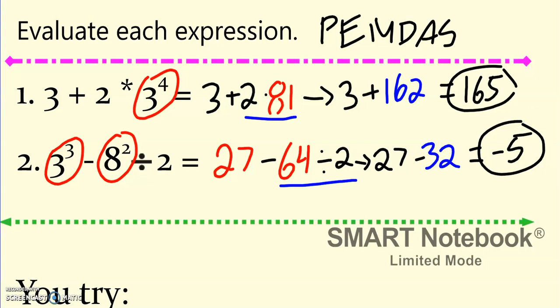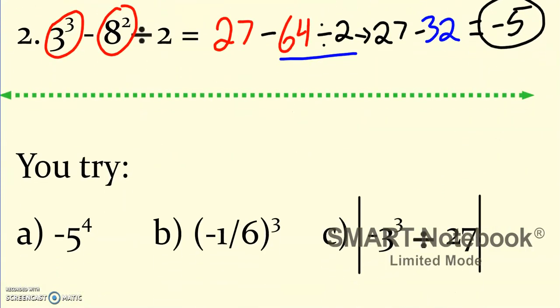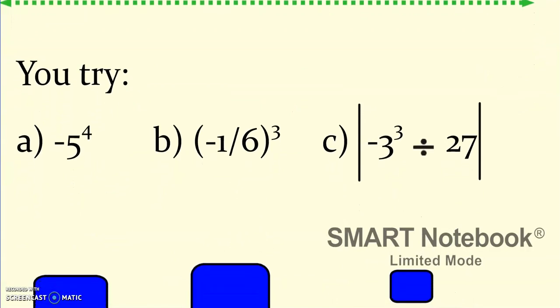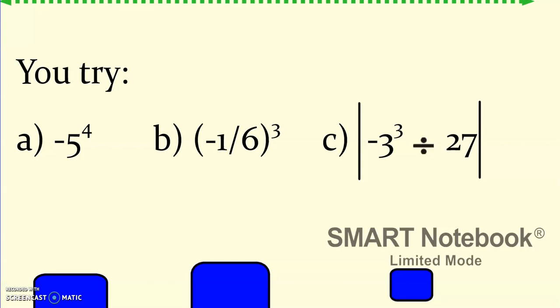So now I have 3 problems for you to try down the bottom here. The answers have been hidden, and we will go over it when you are done. So A is -5 to the fourth. Notice there's no parentheses there. B is saying -1/6, all raised to the third power. And then we have the absolute value of -3 to the third divided by 27.